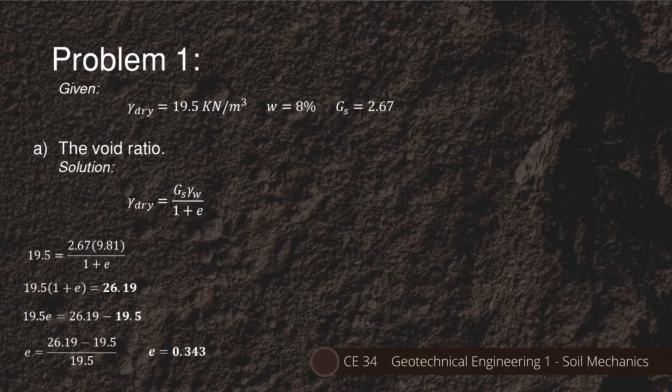So first is we are asked to find the void ratio and the total volume of the sample.